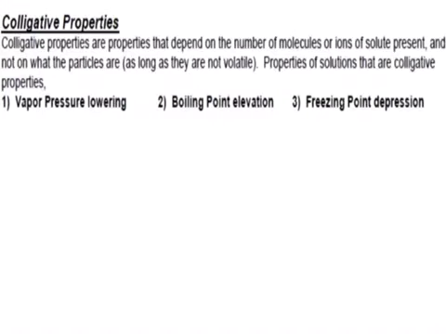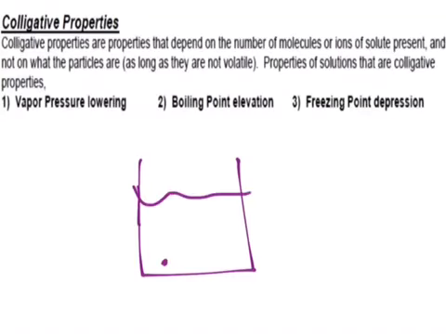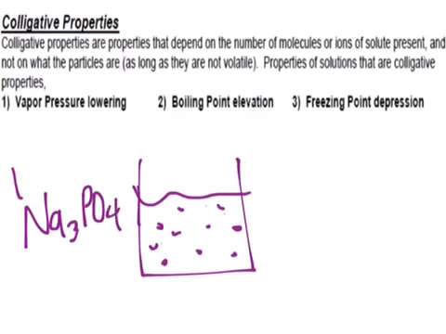So the things that are going to depend on the number of molecules in our solution are vapor pressure becoming lower. So if I have my water, and here's my water molecules, and I take, let's take sodium phosphate, a 1 molar solution of it, and we put it in there.